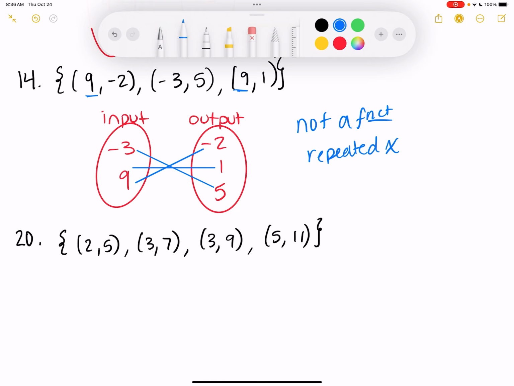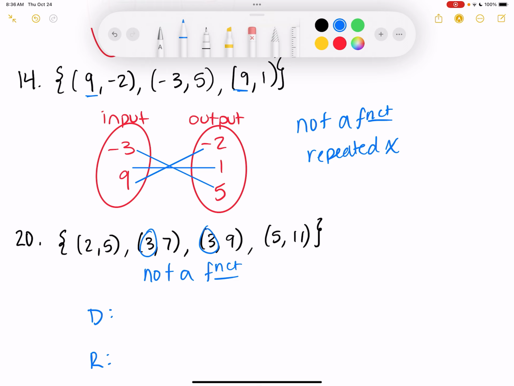So as far as this goes, just note the fact that you see a 3 as an x value 2 times. That right away can tell you it's not a function. So you can just go ahead and say that. But then they want the domain and range.